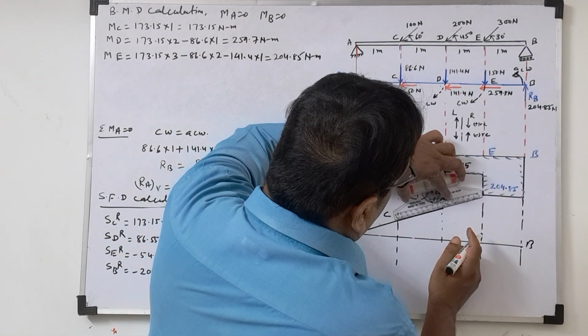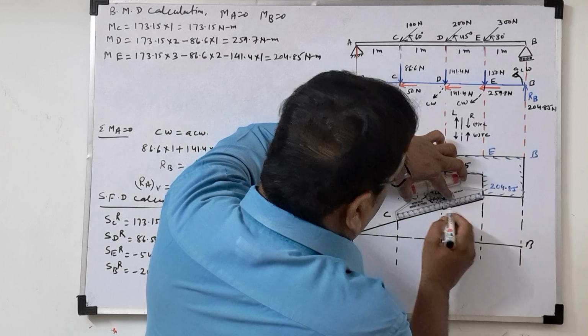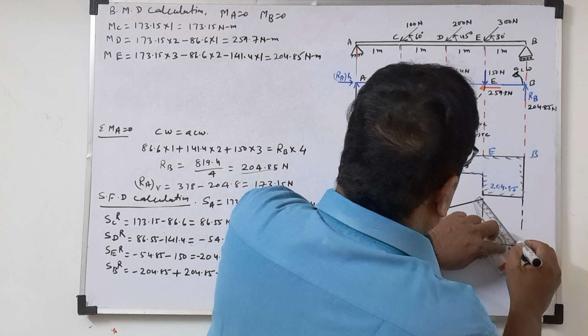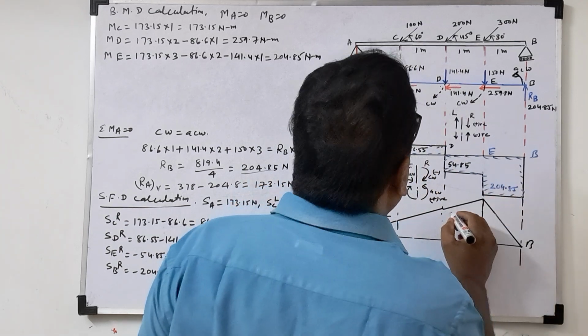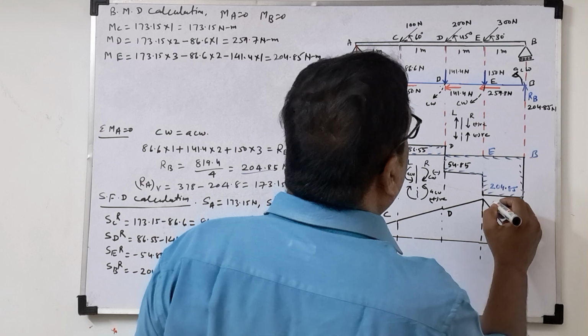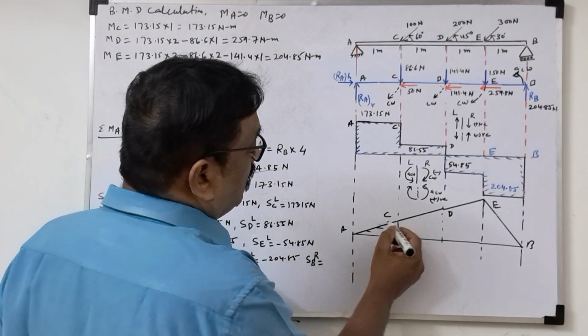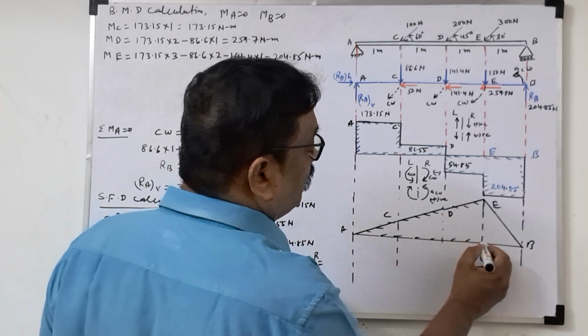So here it will be 204, then here it will come 0. So join these two lines. This point is D, this point is E, this point is B. So this way we can draw the bending moment diagram.